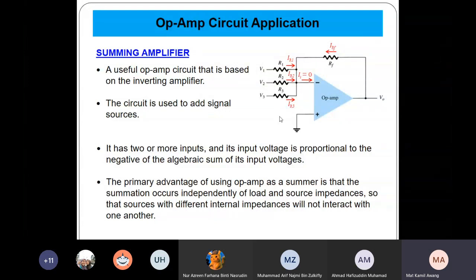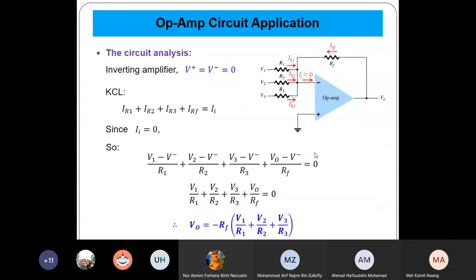Now we do an analysis to look at the formula for the summing amplifier. We know from the golden rule that V plus and V minus are equal to 0, because V plus is connected to the ground, so at this point it is 0 volt.